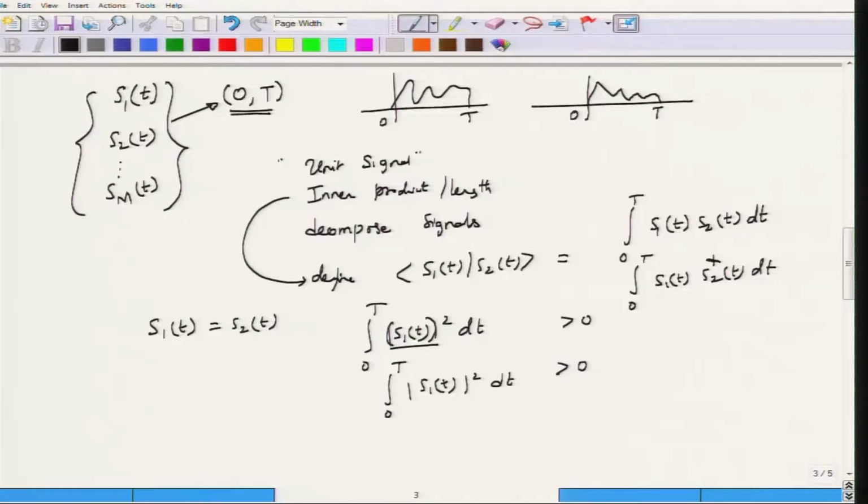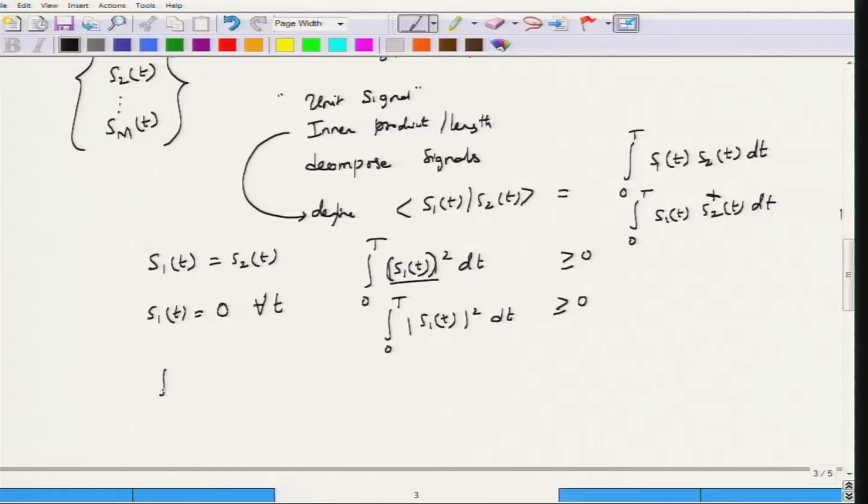When will this be equal to 0? This will be equal to 0 only when s1(t) is defined as 0 for all time t. This is a small mathematical symbol to indicate that this is for all. So, if I define s1(t) or in general any signal to be equal to 0, then the inner product of that 0 signal will always be equal to 0.